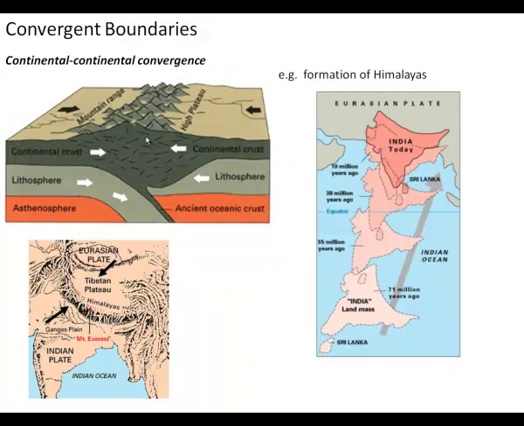The final and classic example, of course, of a continental-continental convergence is the formation of the Himalayas with the northward drift of the Indian plate and its merging with the Eurasian plate, building the Tibetan Plateau that you see here, which is then flanked by the Himalayas, including Mount Everest, the average height of the Himalayan belt then being around 5 kilometers or so.